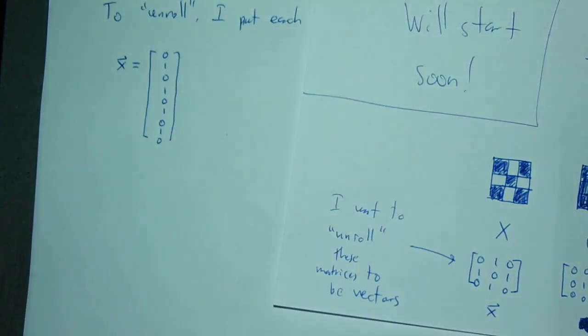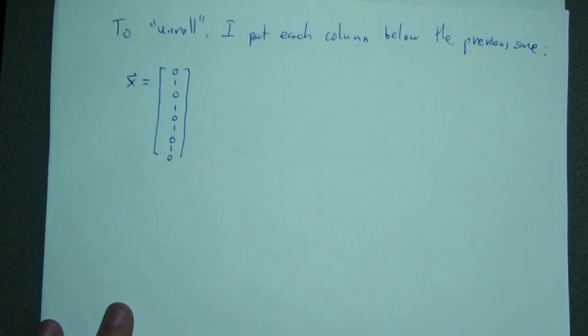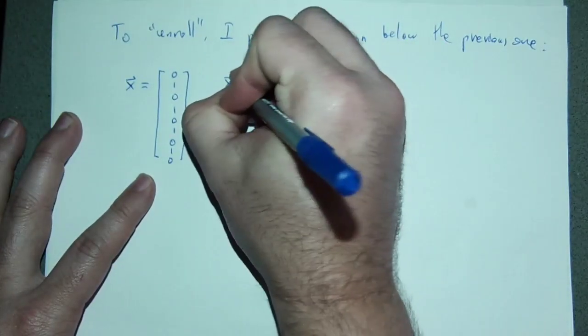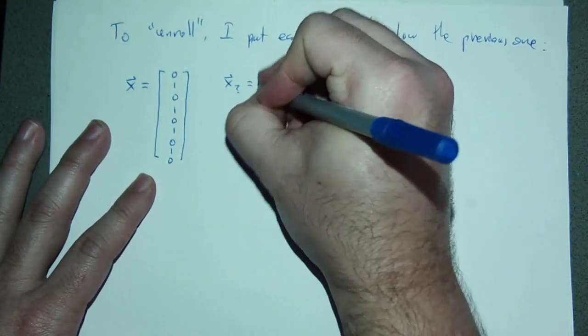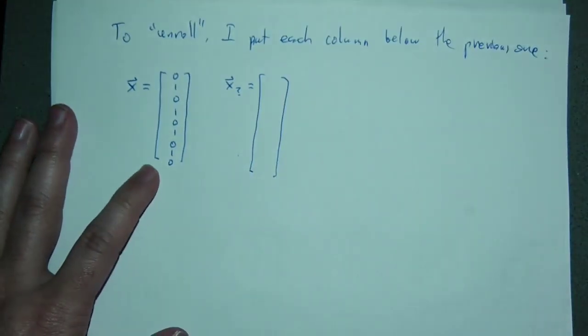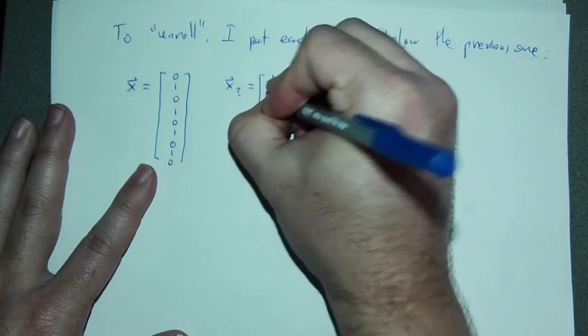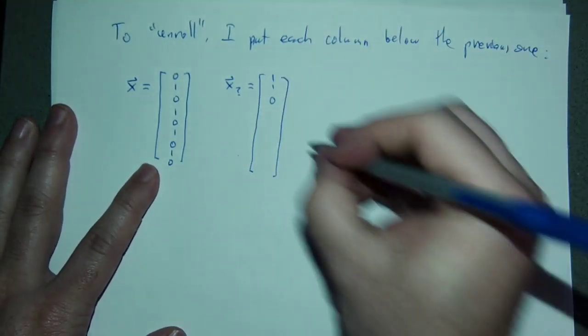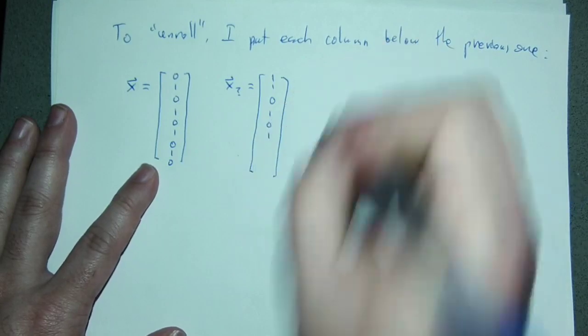Okay, so that's X. And then I do the same thing for all the others. So my questionable X is then 1, 1, 0, 1, 0, 1, 0, 1, 0.